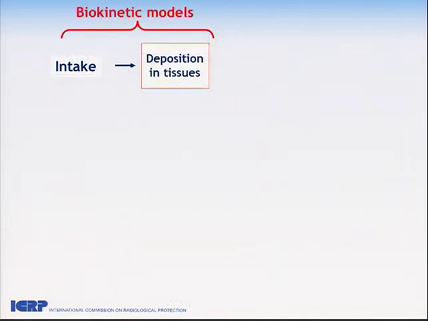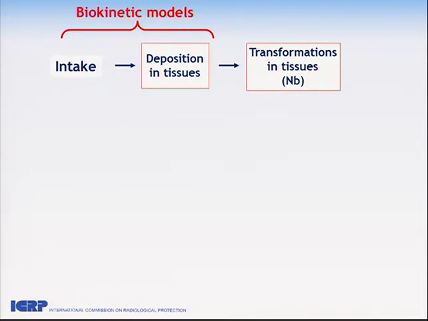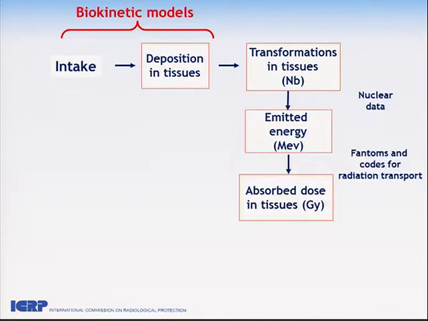So once you know where it goes, you still need to know the number of transformations, the number of disintegrations in the tissue. Then you need to know the energy which is emitted, and to do that you need to know the nuclear data. Then you use phantoms and codes for radiation transport, as we have talked about before, to calculate the absorbed dose in tissue.